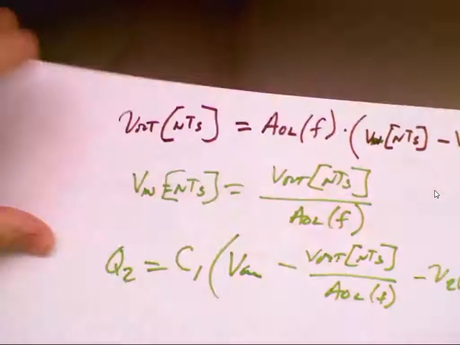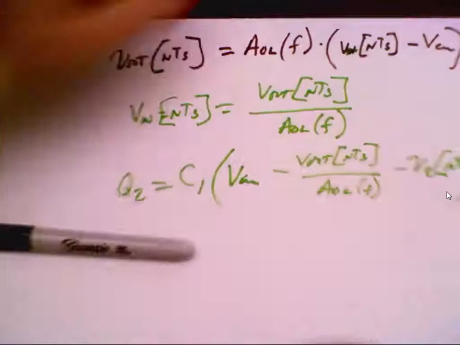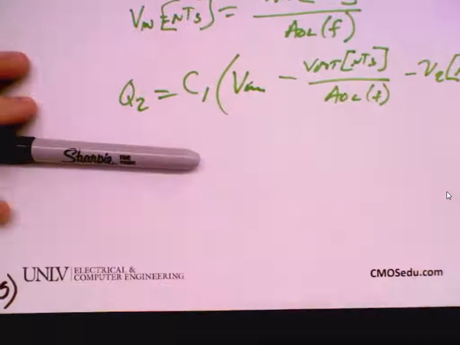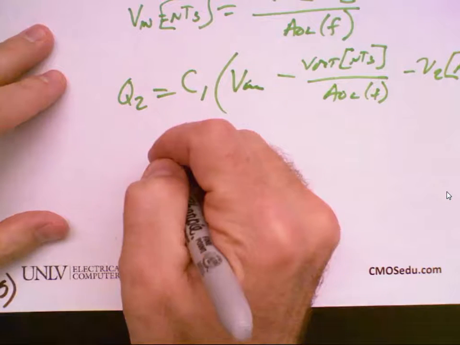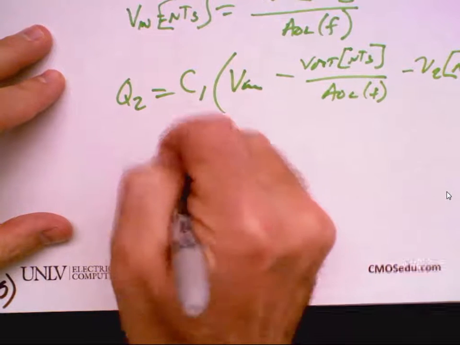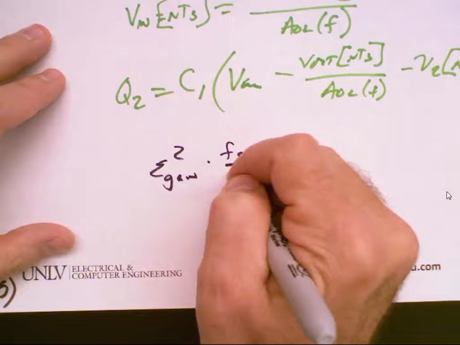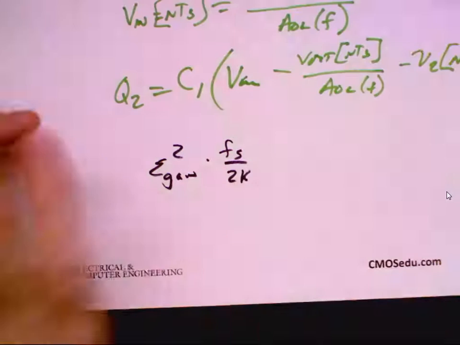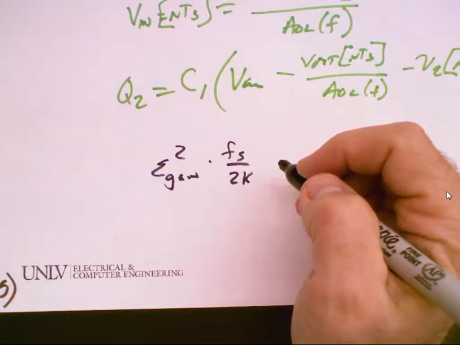If you look at that second squared term, what you get is this is the second last part of 7.36 times Fs over 2K, and you assume that this is small.